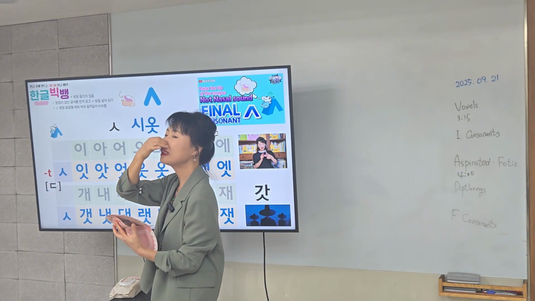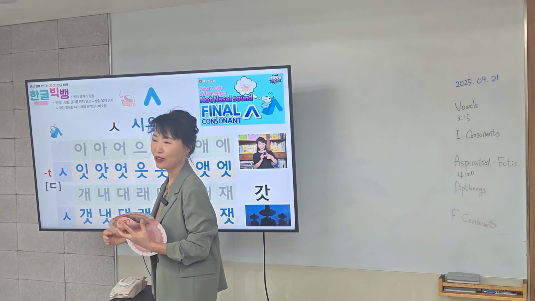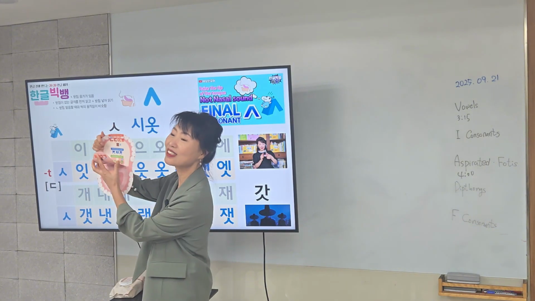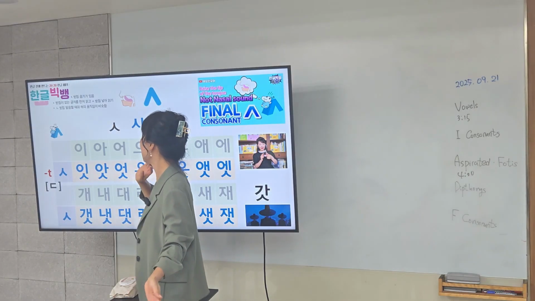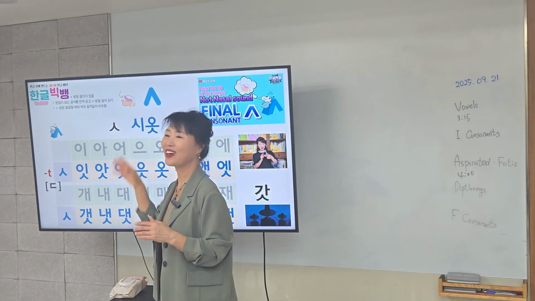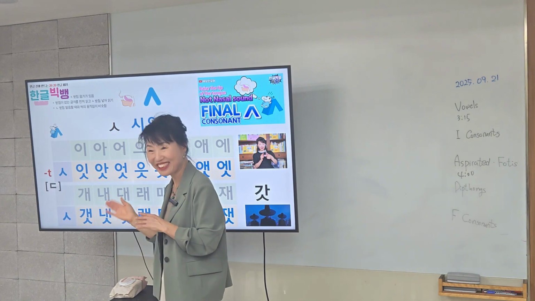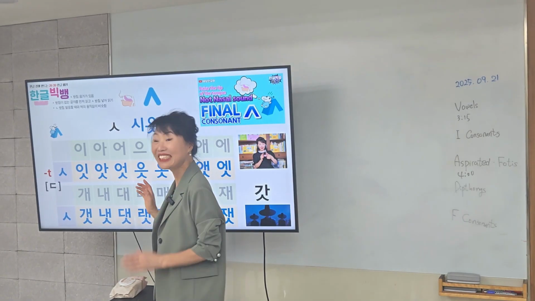So un is a nasal sound, ut is not a nasal sound. So please don't release it like this. Just hold your tongue, ut. His name is Siot, but in North Korea it is called Siut, as the final consonant sounds like ut.